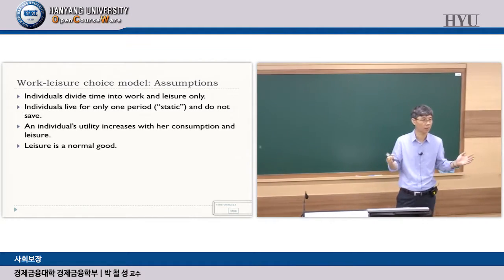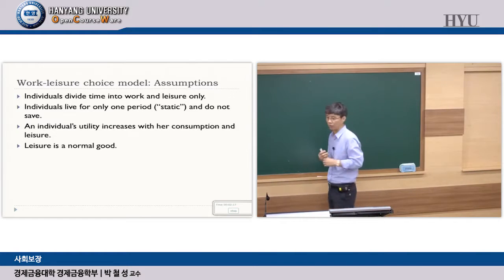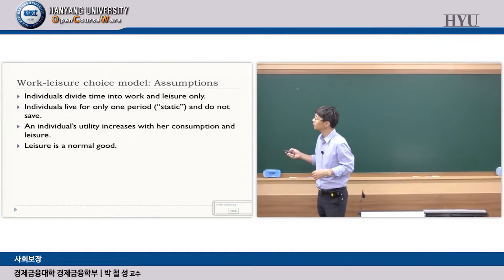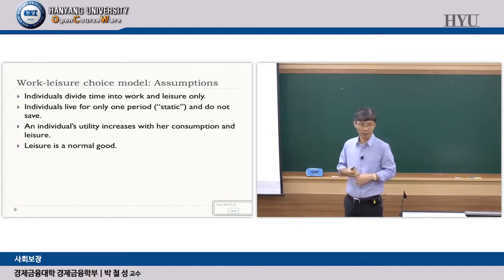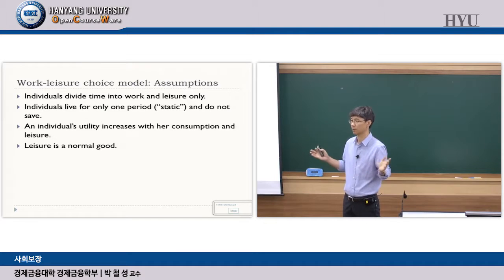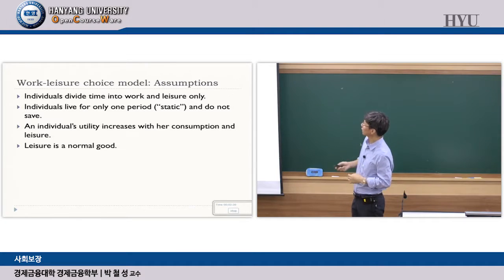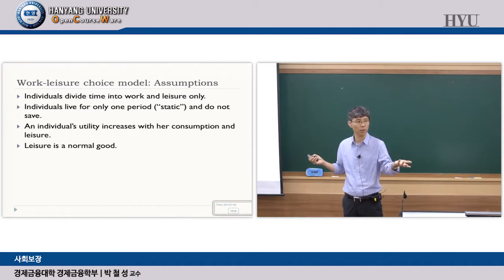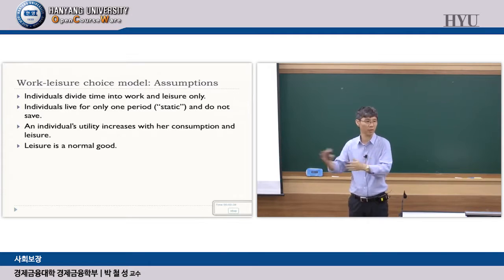It's simple, because this individual has time, and uses that time on two things, work or leisure. You can think of work as the time this person spends to earn money. Leisure is everything else.